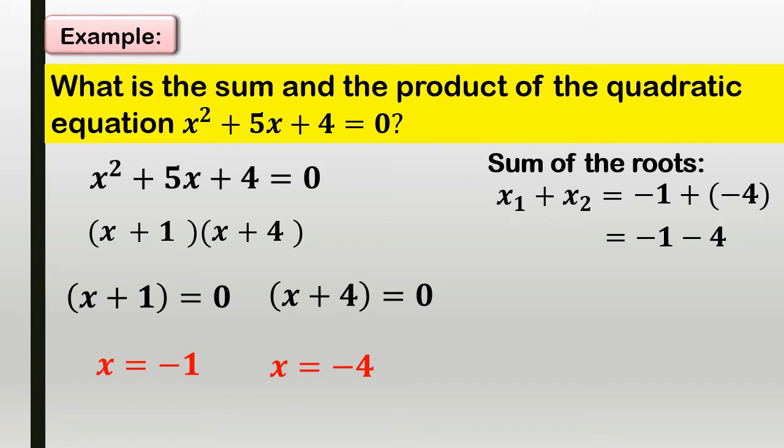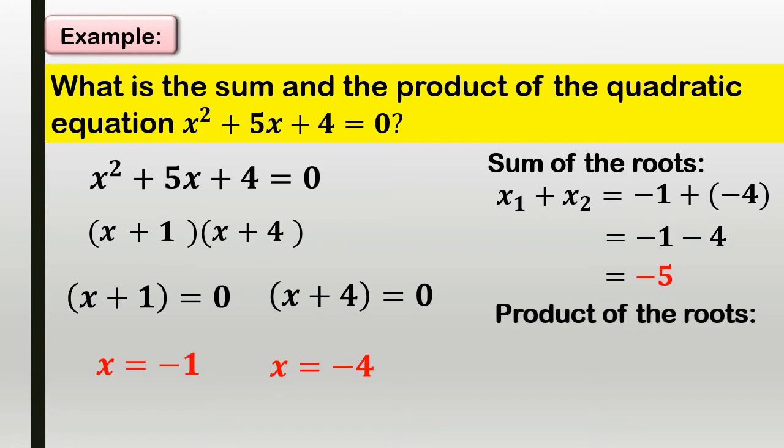Okay, so next, since pareho ang lumabas na sign, so meron tayong negative 1 minus 4, what we're going to do here is to combine. Pagsamahin natin ang value and remain the sign. So it will become negative 5. The sum of the roots of quadratic equation x squared plus 5x plus 4 equals 0 is negative 5.